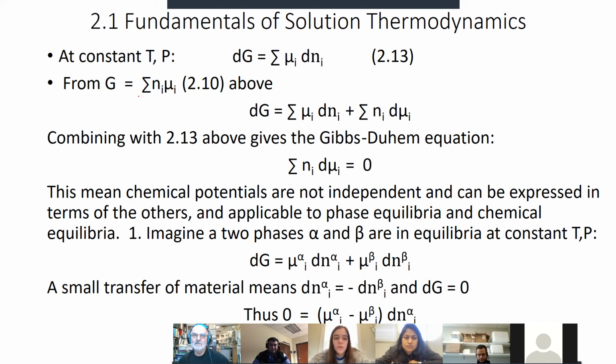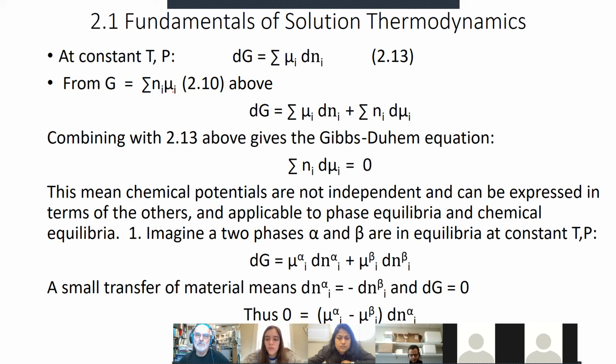When we take the derivative of this, the derivative of a product is the first term times the derivative of the second plus the second times the derivative of the first. And so dG is also equal to this.